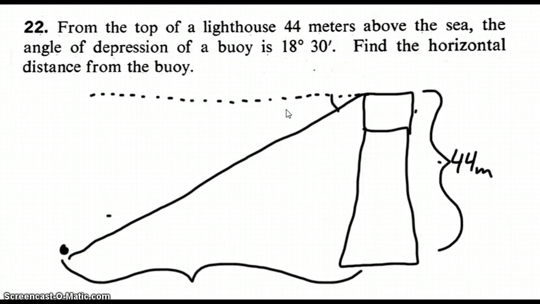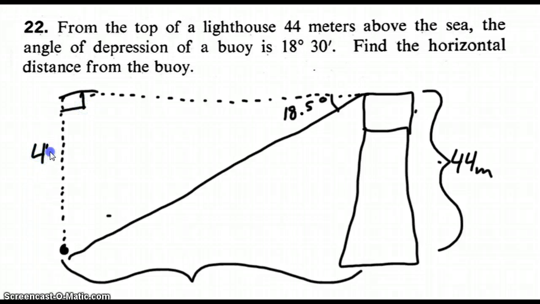This is the angle of depression, which is 18.5 degrees. If I copy my height of the lighthouse over here, I now have a right triangle, with 44 meters right here.